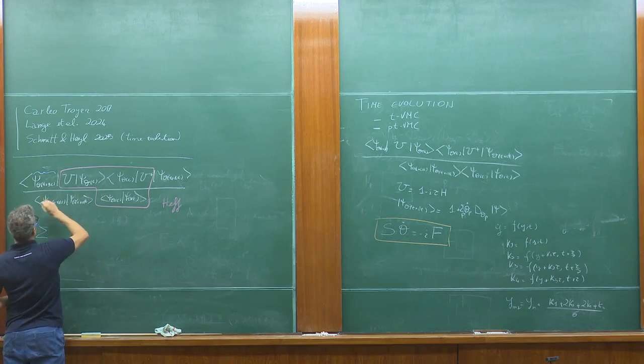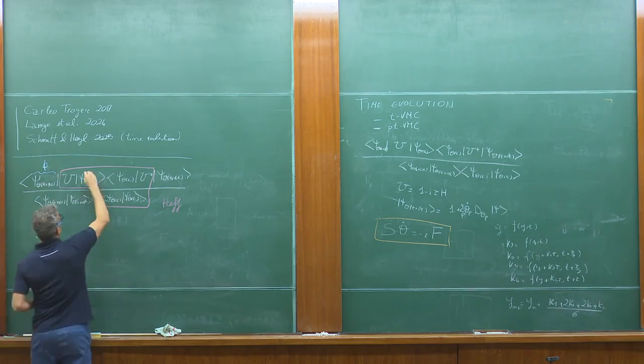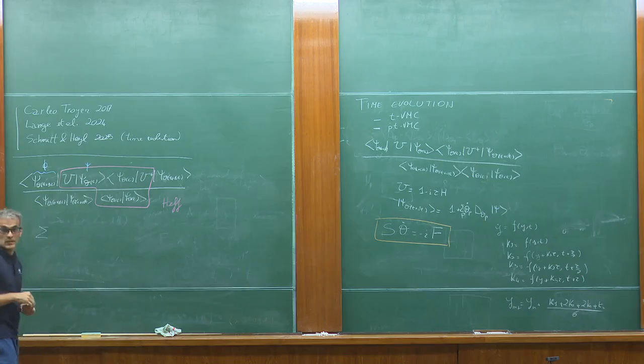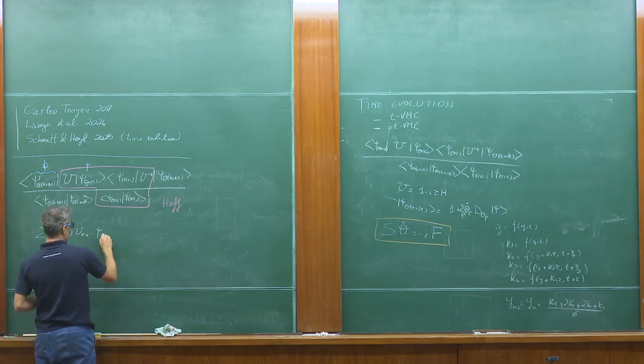To ease the notation a bit, I call this thing phi, and I call this psi, so that I don't have to carry all these thetas around. It's a little bit lighter. So I have phi conjugate for a certain x, then u x prime, and then psi x prime.